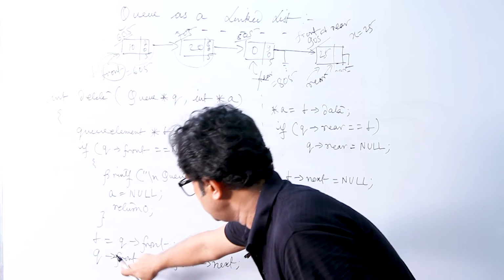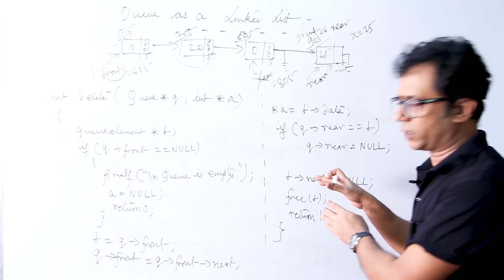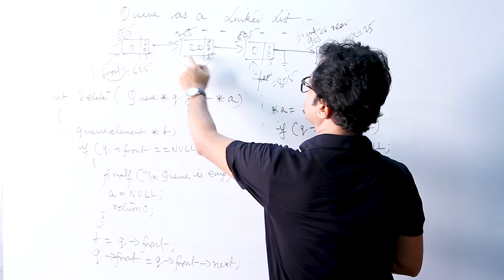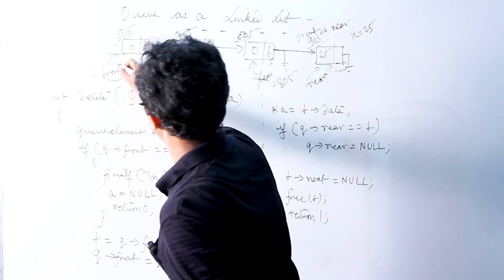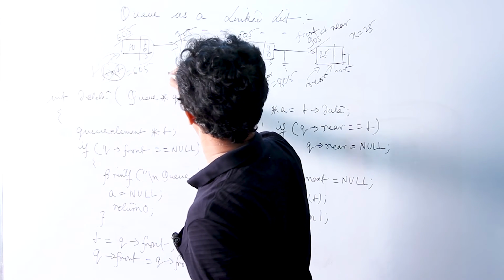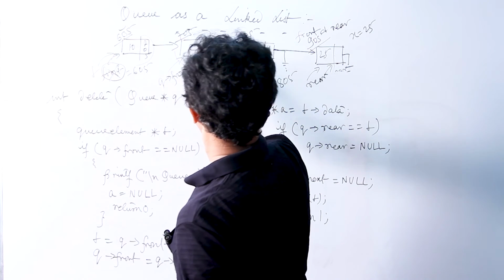Now what we have done, q front is equal to q front next. We have updated the q front to point to the next node in the sequence, that is, to the second node in the sequence. That is, q front doesn't point to 605, but now it points to the next node in the sequence.